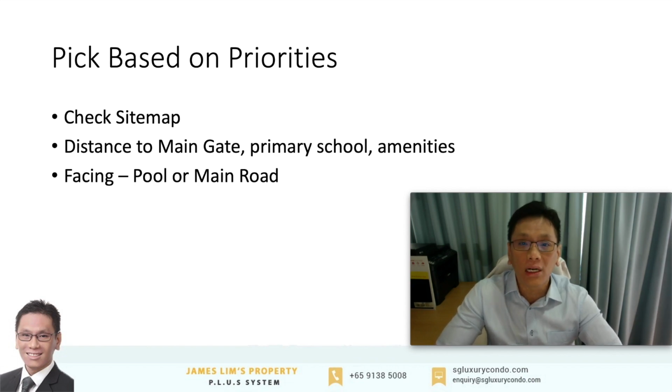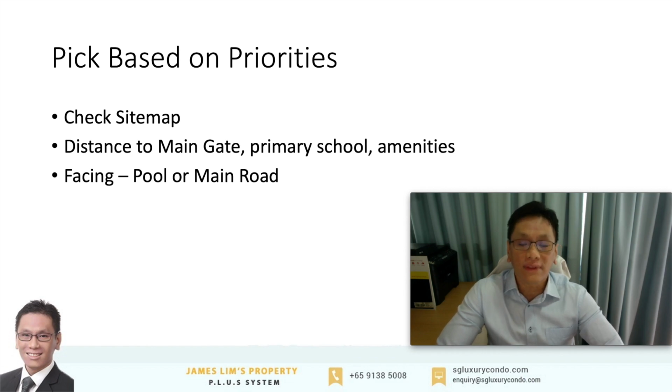So if you are looking to choose a unit based on school priorities, make sure you check with your agent that it is within the 1 kilometer zone. A good website that you can check is singaporeonemap.com.